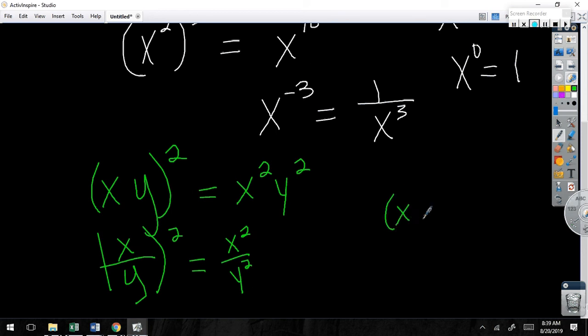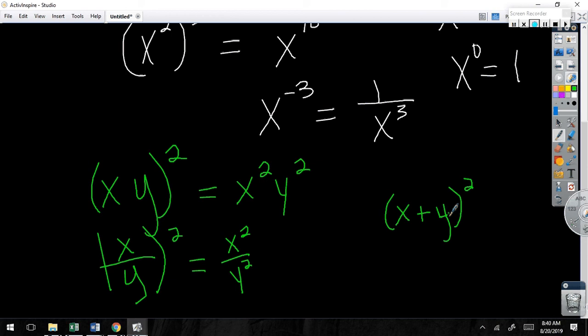Last one. What if you're adding inside? Does it? If you are adding inside there, this was a trick. When I put this up there, it is not a property of exponents. I put this up there to trick you.